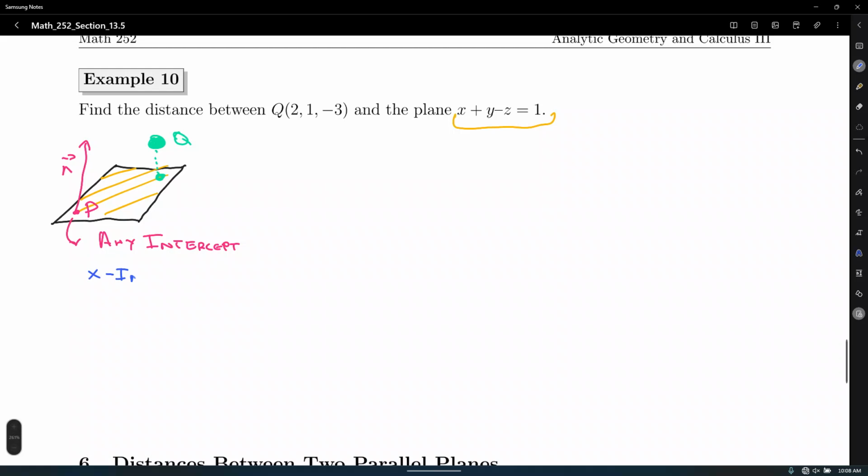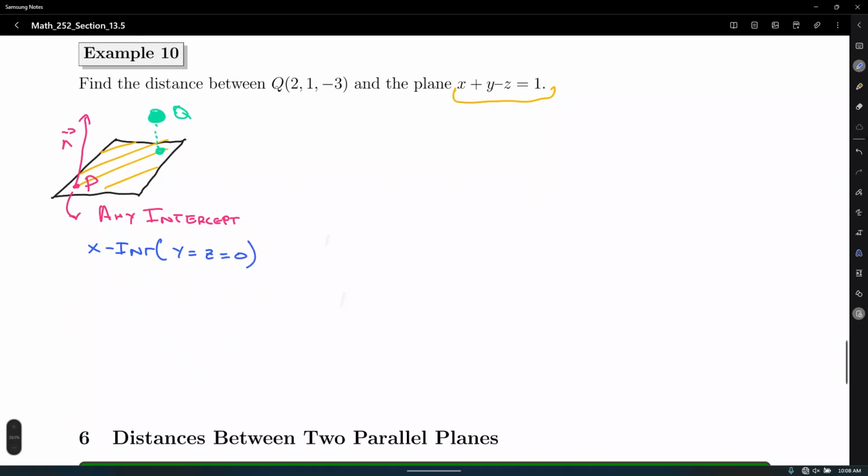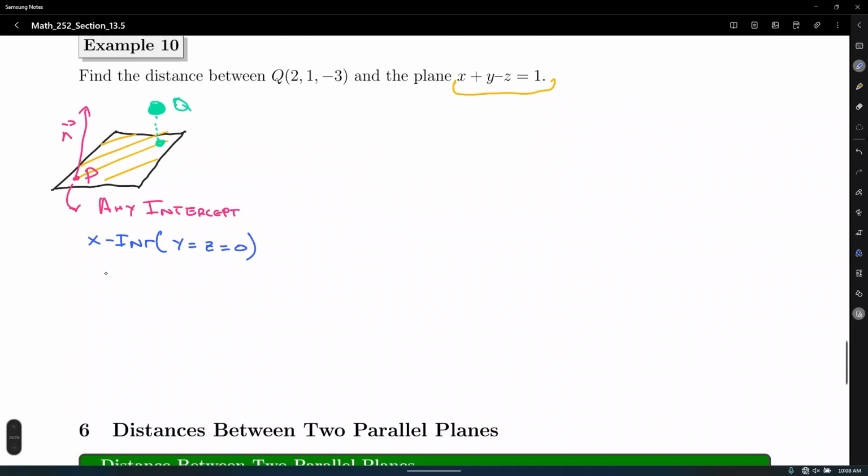So for the x-intercept, make y equal to z equal to 0. That's simply x plus 0 minus 0 equals 1, so x equals 1. So that will be the ordered pair (1, 0, 0).